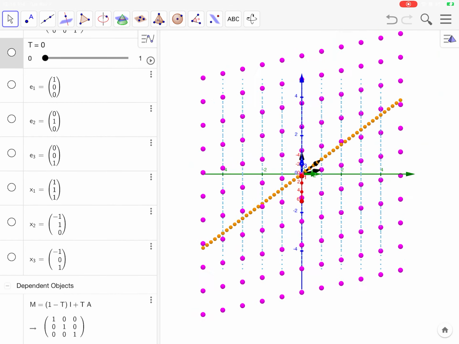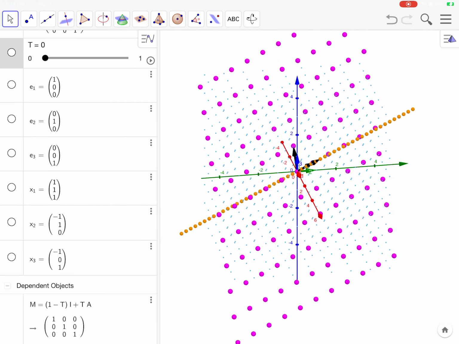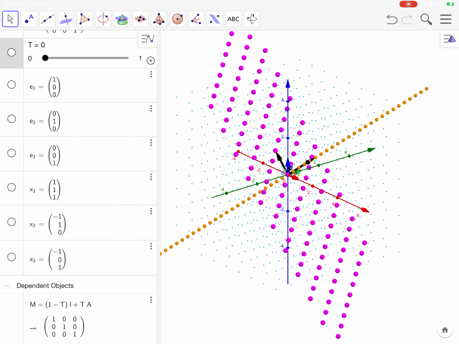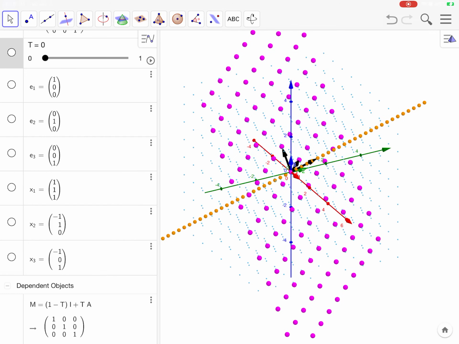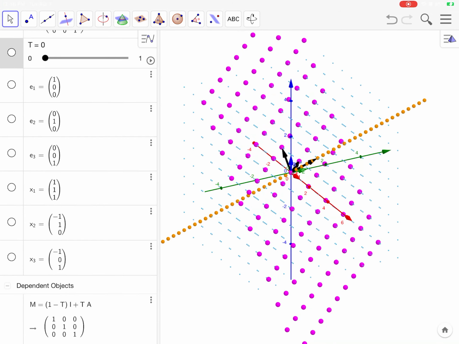So the repeated eigenvalue actually spans an entire plane. And when I play this transformation, watch how those two eigenvectors end up pointing in the opposite direction of where they were, but they stay in that same plane.